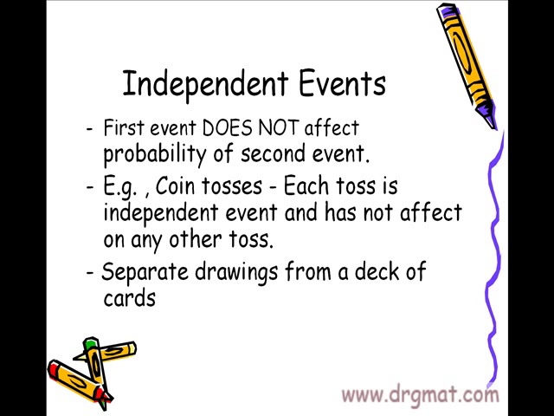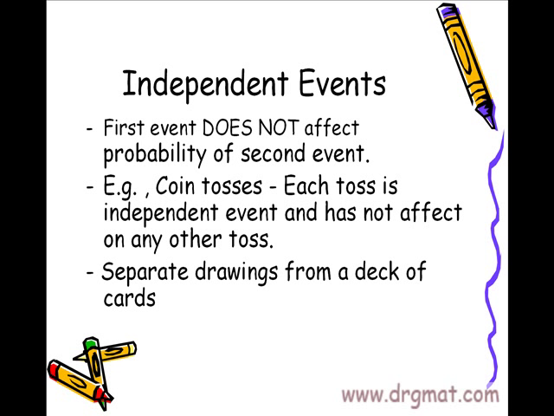Let's look at independent and dependent events. What is an independent event? It's basically an event where you're not affecting the probability of another event. So both events are totally independent, like a coin toss, or coin tosses actually in this case.